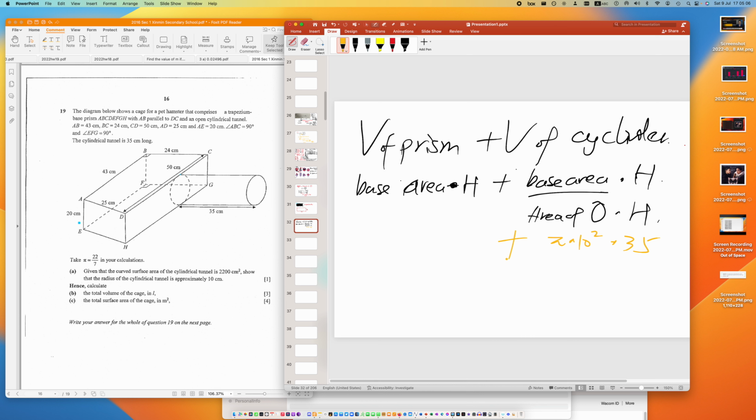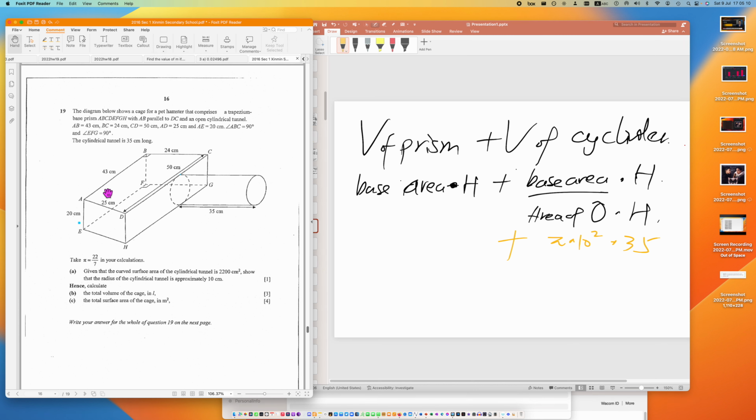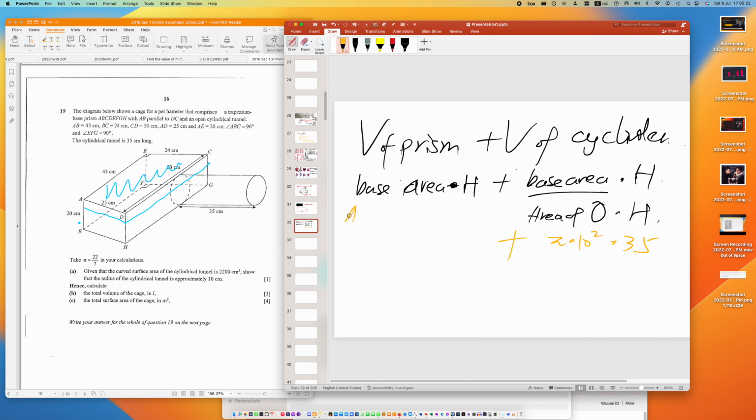Then for this one, it's important you identify which one is the base. Just now we discussed that we must cut like this. So the base is this one, so the base area will be the area of trapezium, then times the h. So the h in this case is 20.